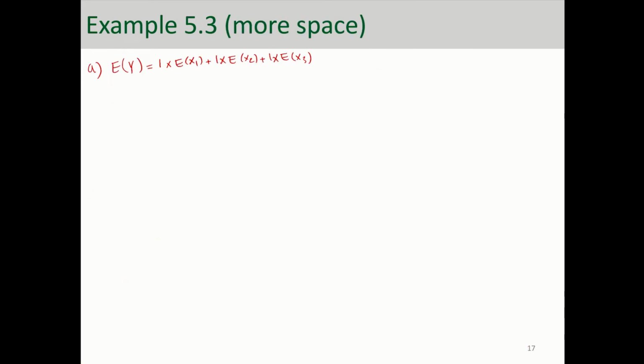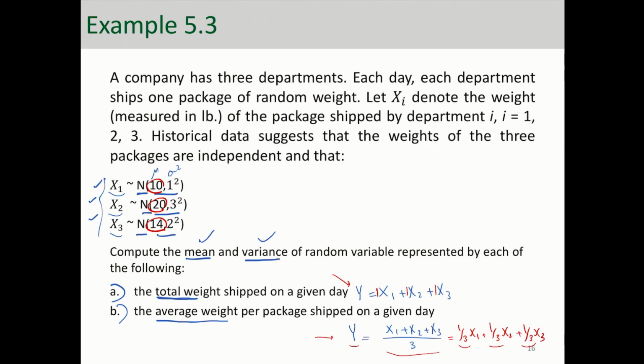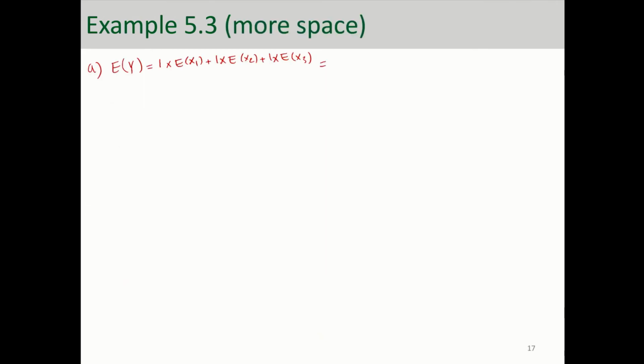So we need to add them up. 10 plus 20 plus 14 gives you 44. That's the expected value of Y.